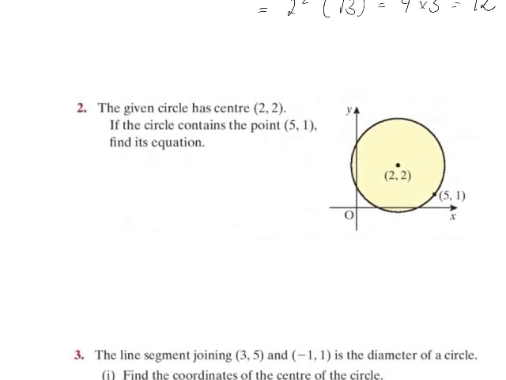Here again, remember, in order to get the equation of a circle, we need the center, which we have here, and we need the radius, which we need to calculate. We are given the center and we are given a point on the circle. So all we have to do in order to get the radius here is get the distance between 2 points. So the radius is the distance between 2 points. Let's label the points.